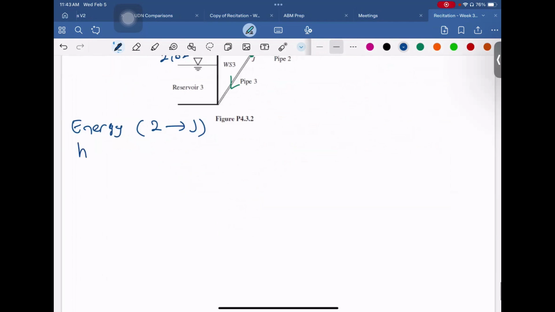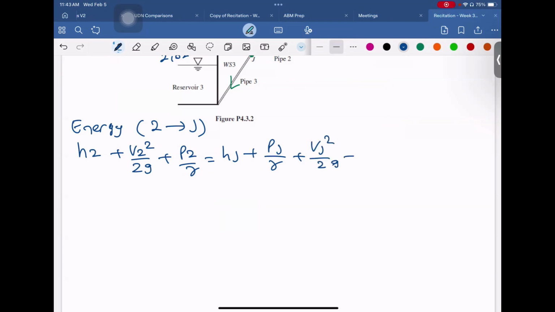So we will have H2 plus V2 squared over 2g plus P2 over gamma equal to Hj plus Pj over gamma plus, of course, head loss.